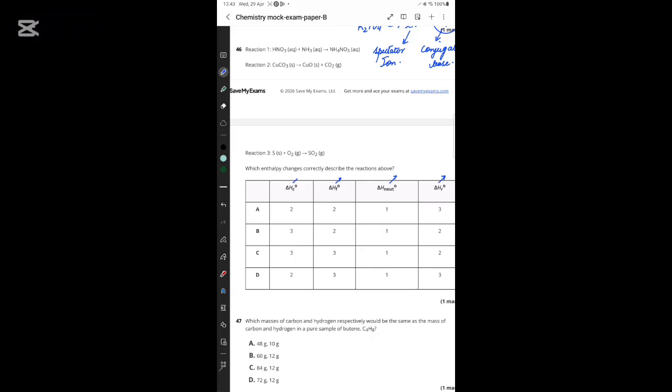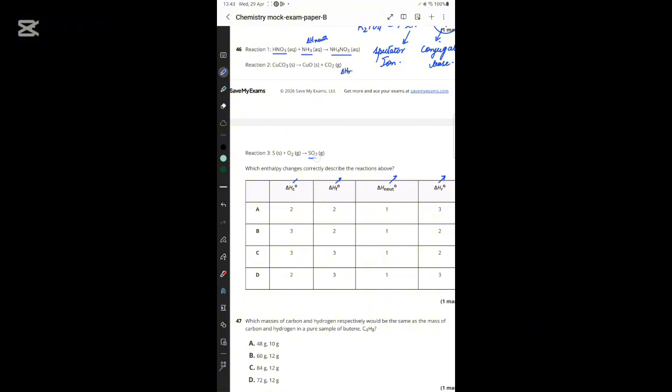So first of all, reaction 1 is one in which an acid reacts with a base to form a salt. So that is going to be enthalpy of neutralization. Then we have a decomposition reaction, which is going to be enthalpy of reaction.